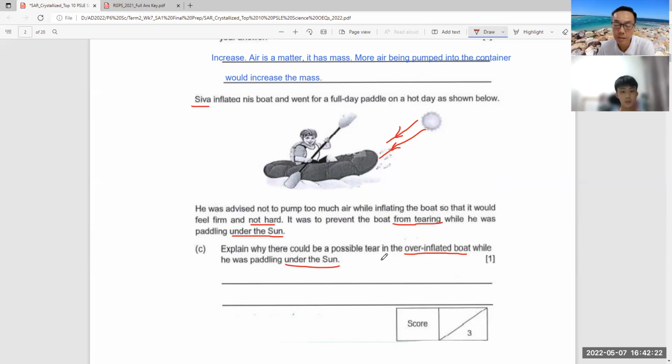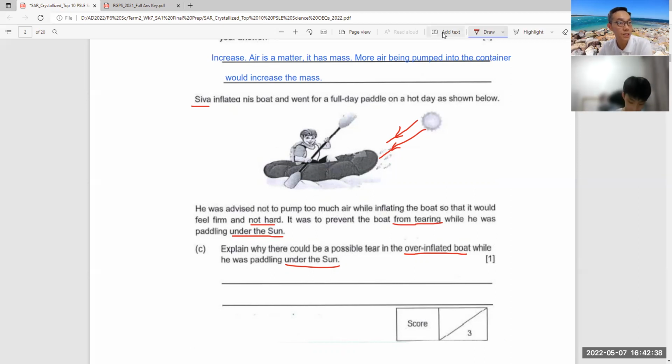So the scientific concept is the heat energy from the sun would cause the air inside to gain heat and expand. So when air expands, it will increase the volume inside. So this will tear the boat. Okay.